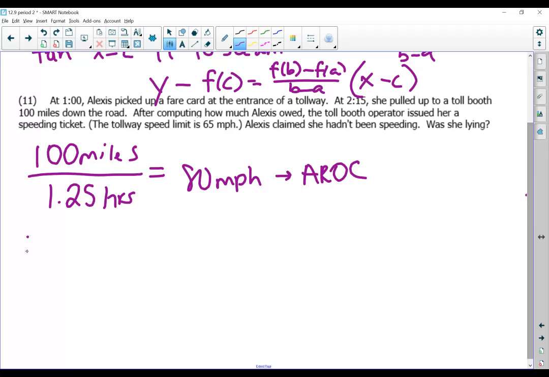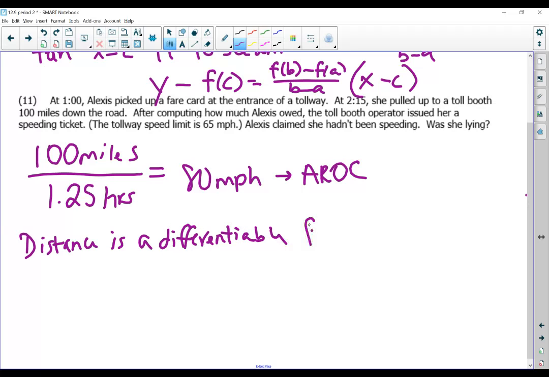And that's because distance is a differentiable function. I can't jump speeds, guys. It's continuous and differentiable.